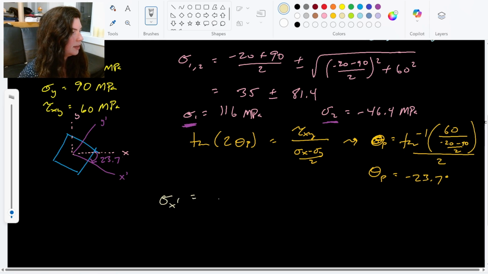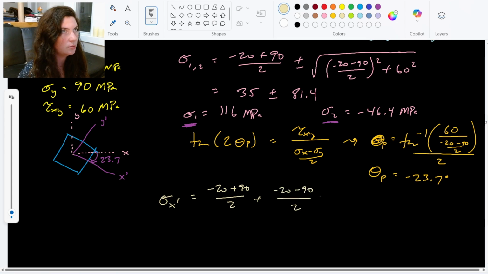sigma X prime is sigma X plus sigma Y over 2, and those are our original sigma values. So negative 20 plus 90 over 2 plus sigma X minus sigma Y over 2 times cosine of 2 theta. And now theta is that theta p, right?